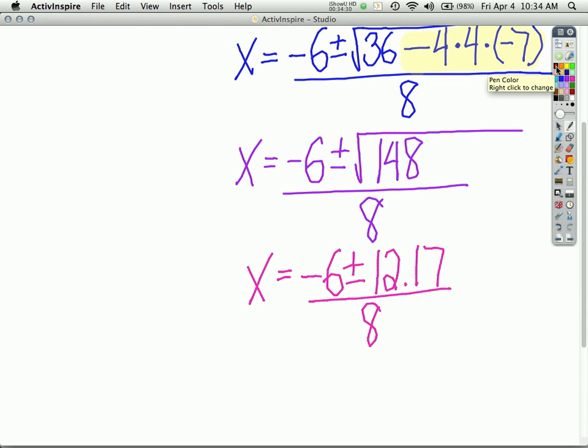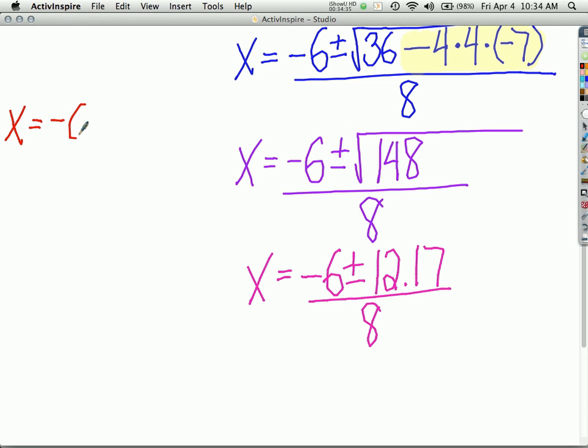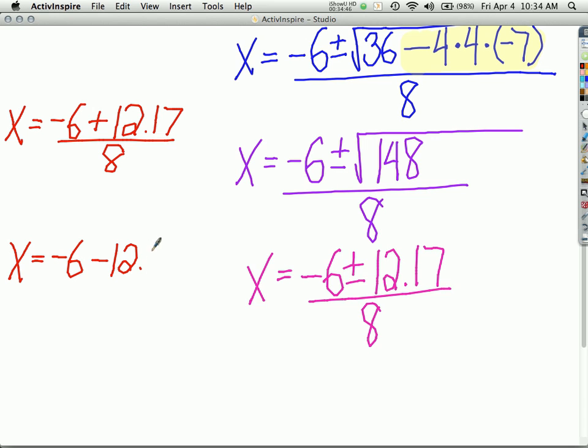We now have to do x equals negative 6 plus 12.17 divided by 8. And we have to do x equals negative 6 minus 12.17 divided by 8.